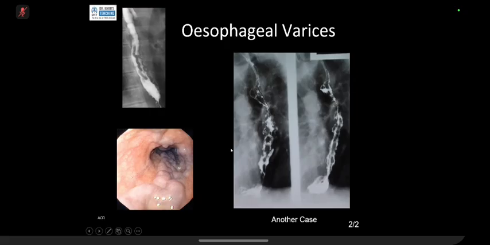Please remember that as an endoscopist, the varices can be in the wall and they can be outside the wall. The outside the wall you're not going to see. We can see them on CT scan, right? But the inside wall on a barium will be like this, and on an endoscopy it will be like this. So these are a few examples which I am showing you just for your exam.